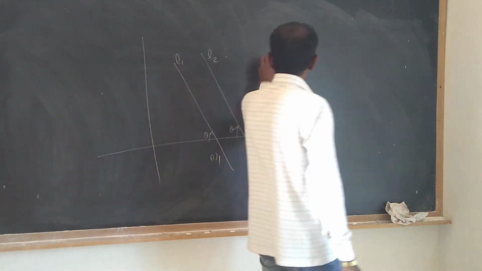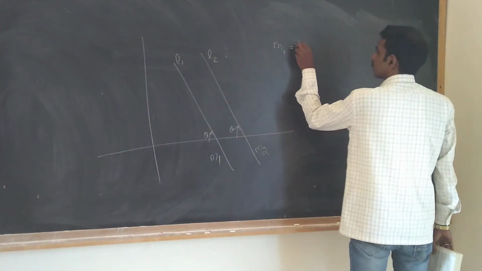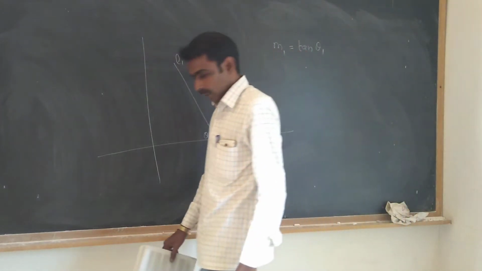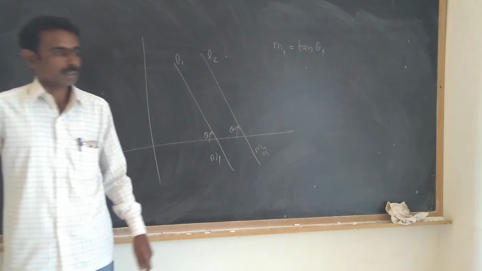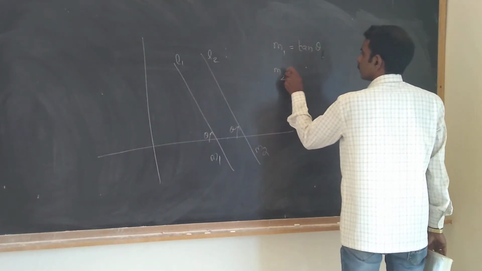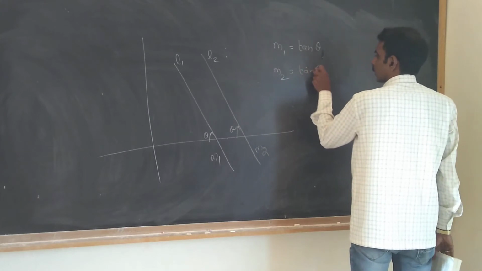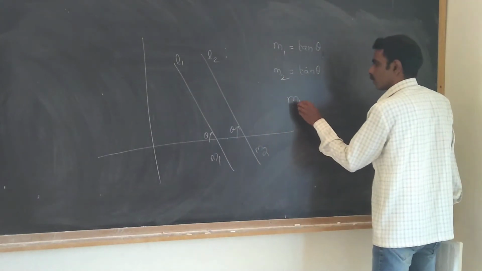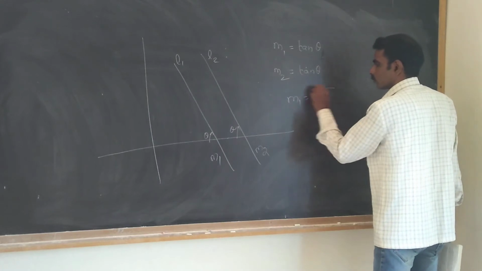Then the slope of L1 is given by tan theta, and the slope of line L2, m2, is equal to tan theta only. This implies that m1 is equal to m2.